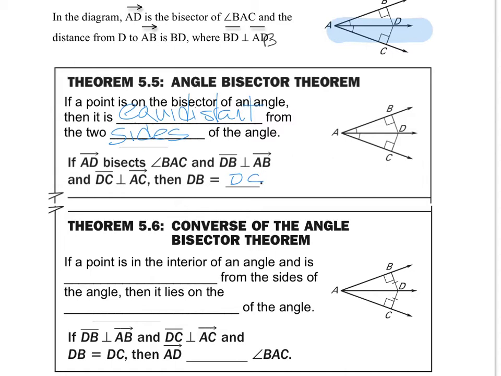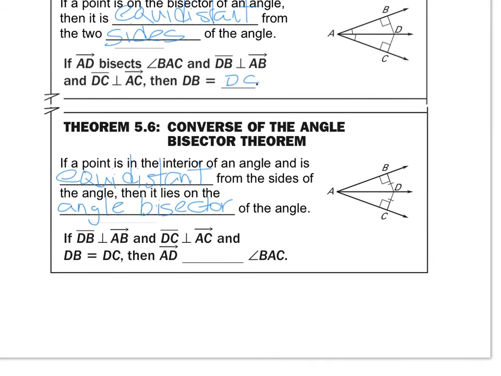The converse of this is if a point is in the interior of an angle, that means on the inside, and is equidistant from the sides of the angle, then it lies on the angle bisector of the angle.